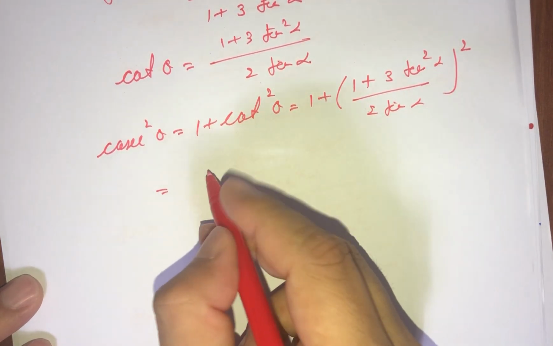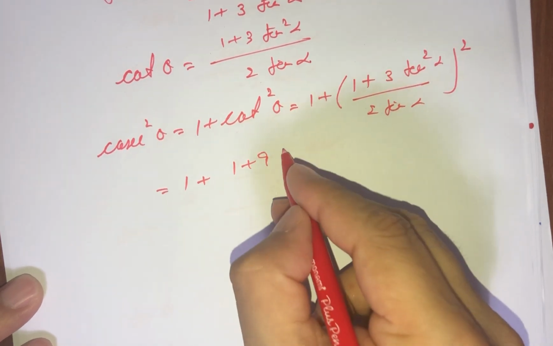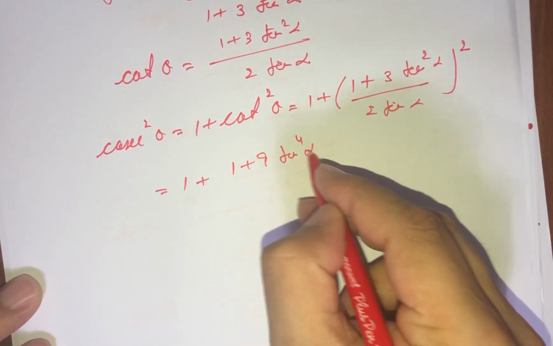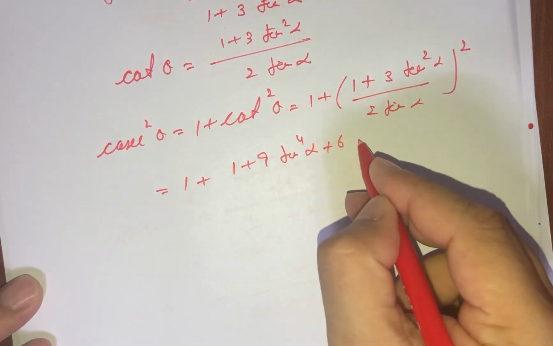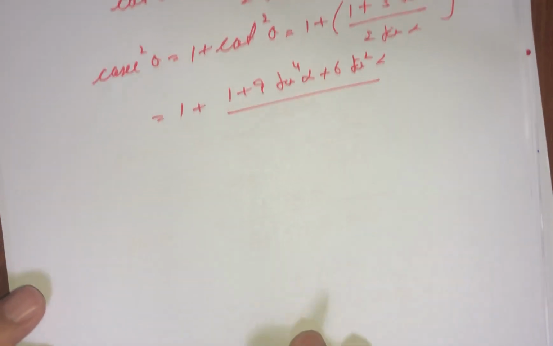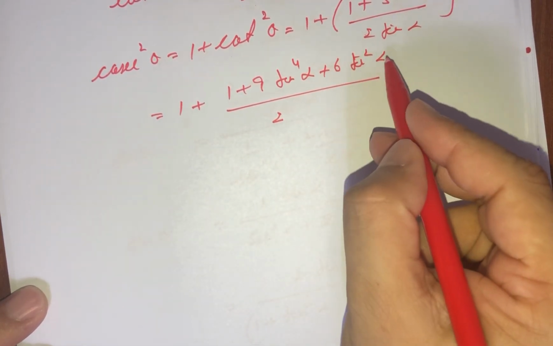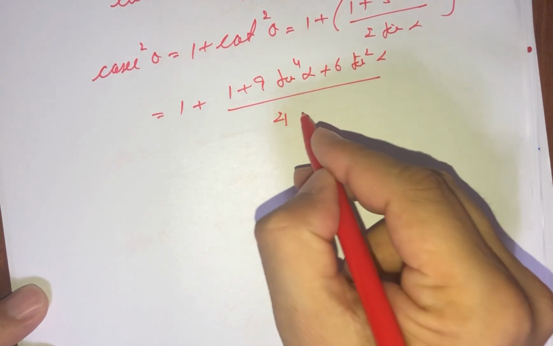We open the square, we get 1 plus 9 tangent 4 alpha plus 6 tan square alpha divided by 4 tan square alpha.